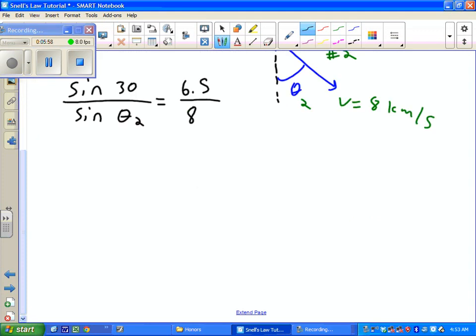And now we're just going to solve for theta. So to solve for theta, I'm going to cross multiply. I'm going to multiply these together, and I'm going to multiply these together. So I get 8 sine 30 equals 6.5 sine of theta 2. I know sine of 30 is a half, so 8 times a half is 4.